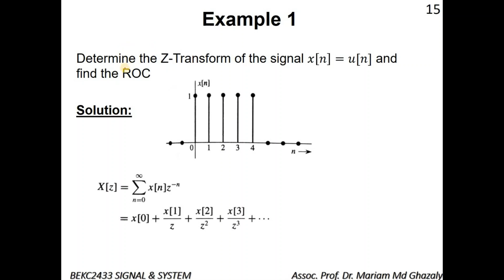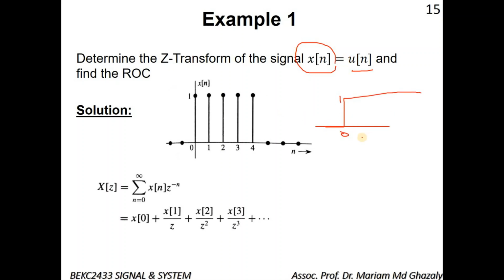Okay, so example 1 is: determine the Z transform of the signal x[n] equal to u[n]. So your signal x[n] is given by u[n]. If you remember in chapter 1, you learned that u[n] is a step input. A step input for a continuous signal looks like this, right?